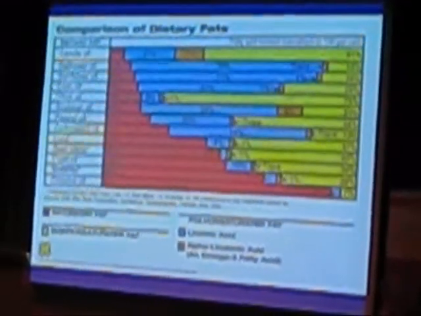Now coconut oil, this is of course very controversial in some countries, particularly in Sri Lanka, and also this is the main oil used in the Philippines and some parts of India. And some of the doctors in Sri Lanka think this is a better oil.